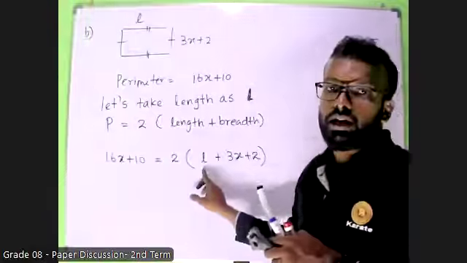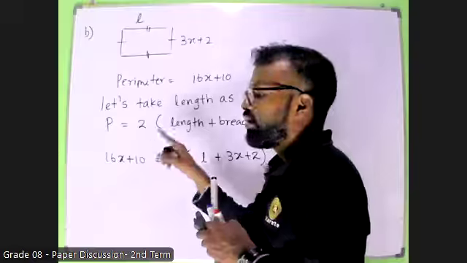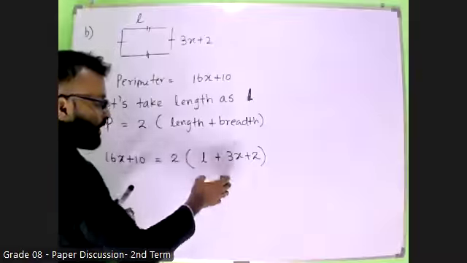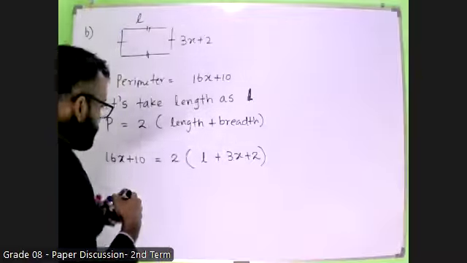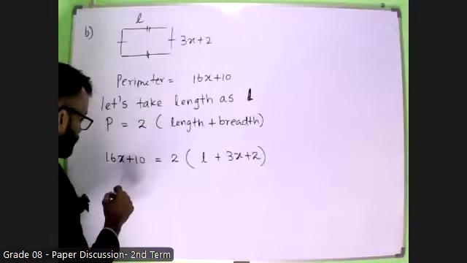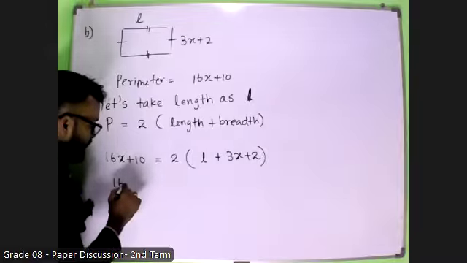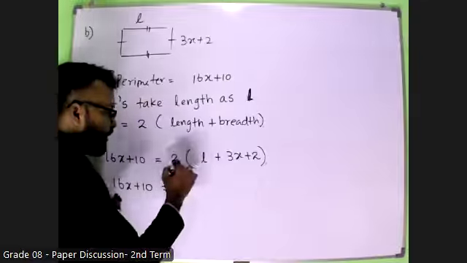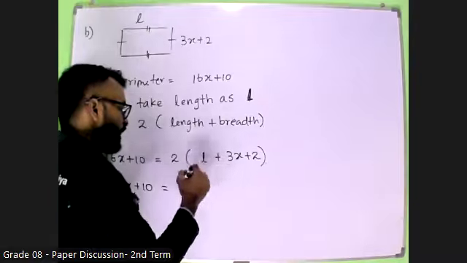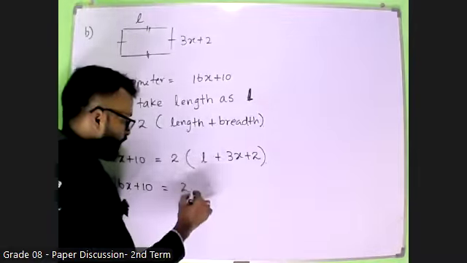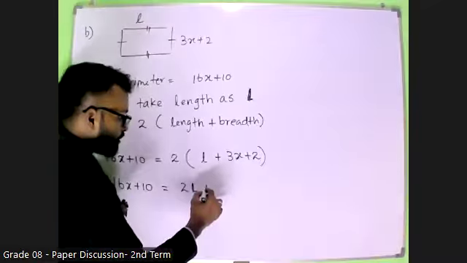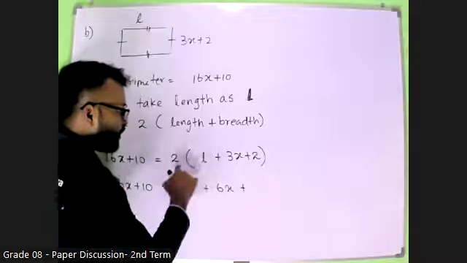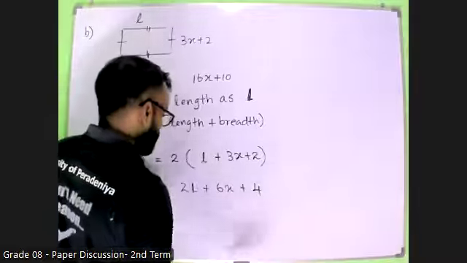We need to isolate L from both sides, so we need to isolate L on one side. How do we do this? Here we have 16x plus 10, and I am going to simplify the brackets: 2 times L, 2L, plus 2 times 3, 6x, plus 2 times 2, 4.